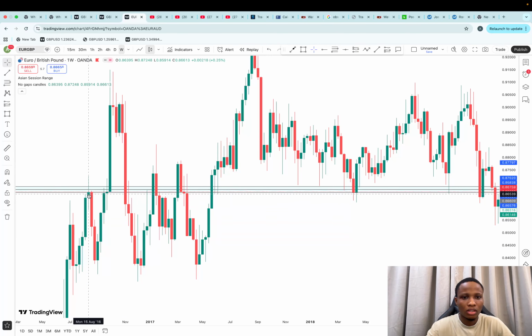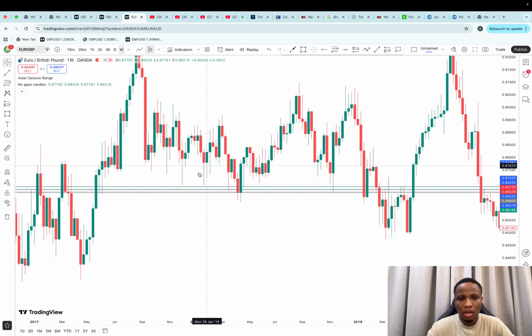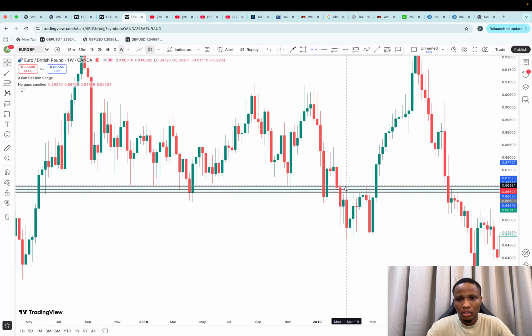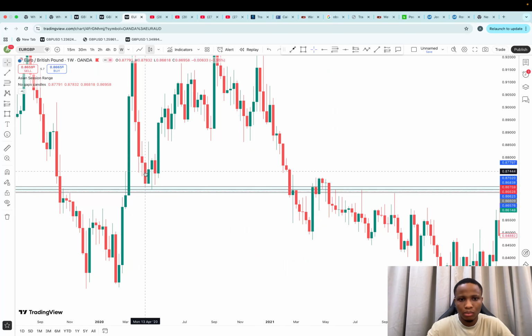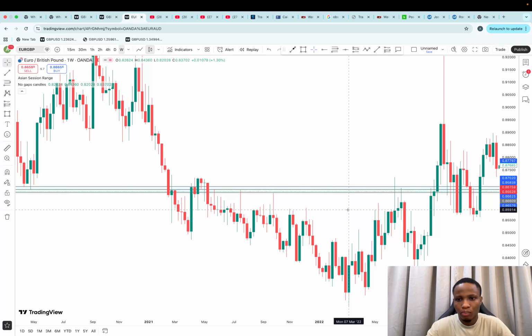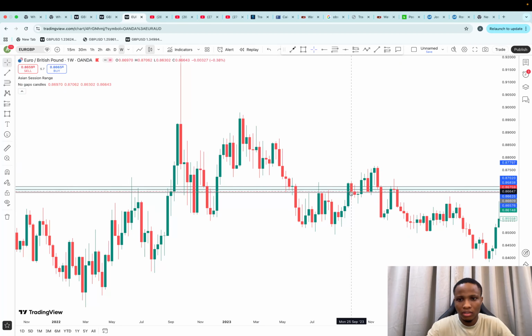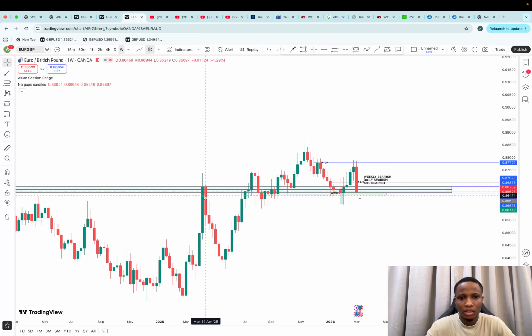Whenever we are below, use it as a resistance. Whenever we are above, use it as a support: breakout, retest, support, rejection at this zone, break below, retest, resistance, break above, support, resistance, at this zone, support. Now we are back here.